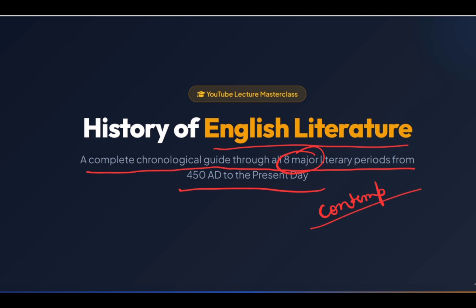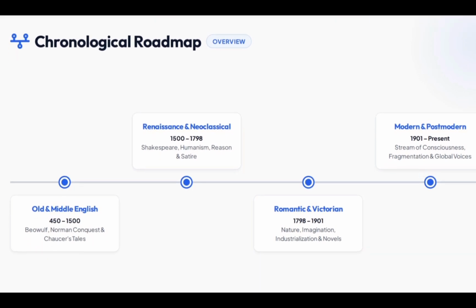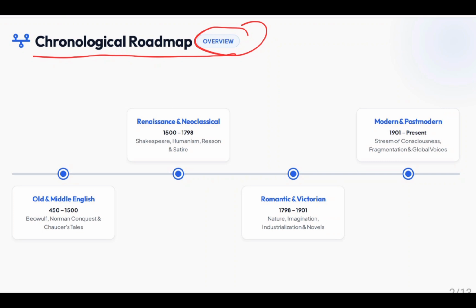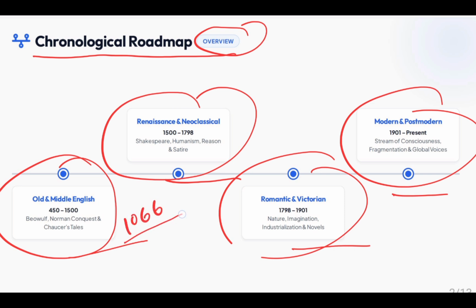Okay, let's move to our next slide. This is the chronological roadmap, that is, the overview: major periods of English literature. Broadly, we can divide the history of English literature into the following periods. These periods are the major ones. First is the Old English period, from 450 to 1066 AD.